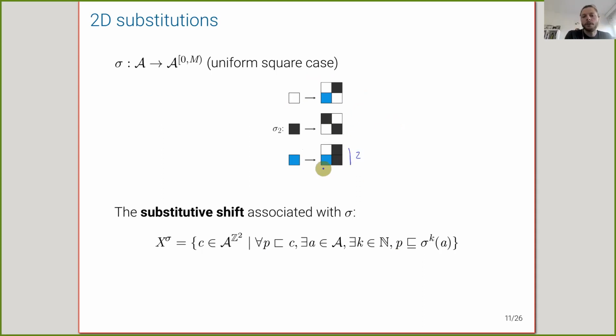So here it's 2 by 2 square. And well, in this case, I can define the substitutive shift, which will be the set of this time two-dimensional configurations for which all the patterns, it's exactly the same definition, all the patterns should come from the iteration of the substitution on a single letter.